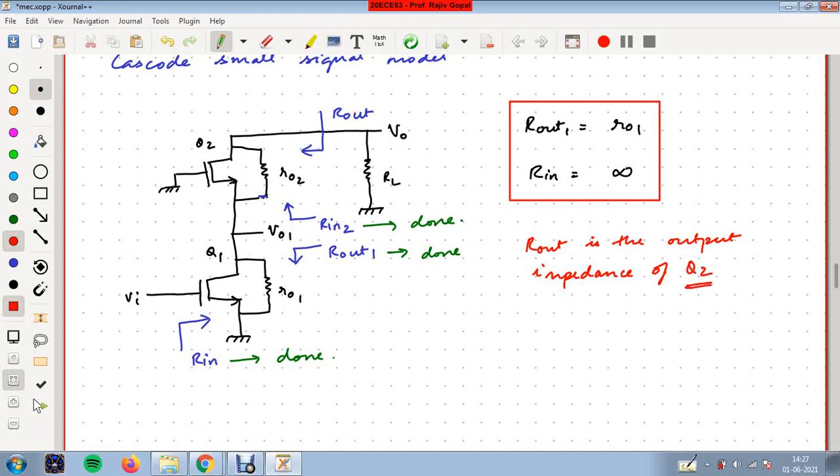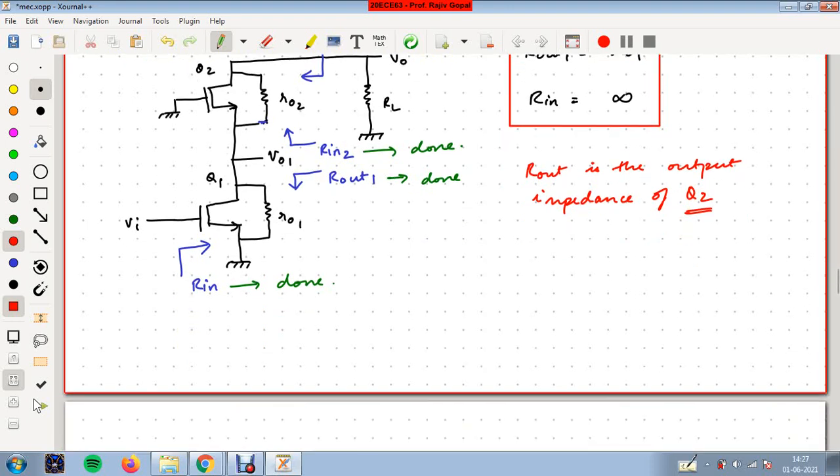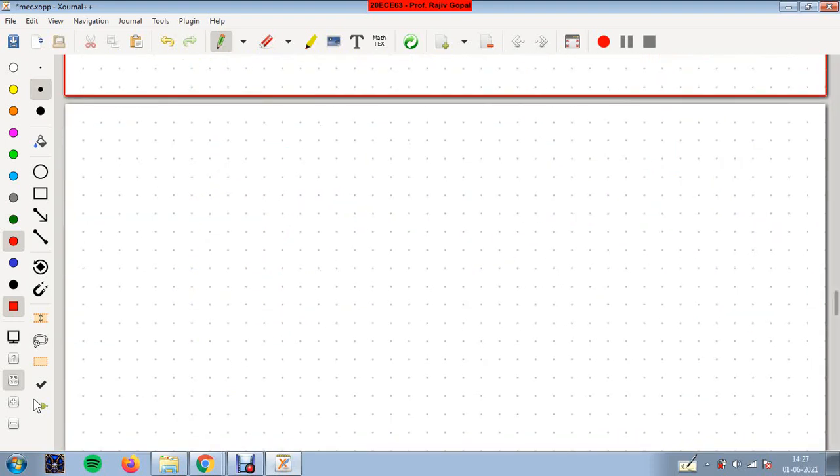If I measure Rout, I will understand how my overall impedance is changing and how it is going to affect my gain. So far what we have done is finding out how the output impedance is changing by adding a common gate transistor. That we can finalize by finding out Rout. So how to find Rout? Here we'll write calculating Rout.